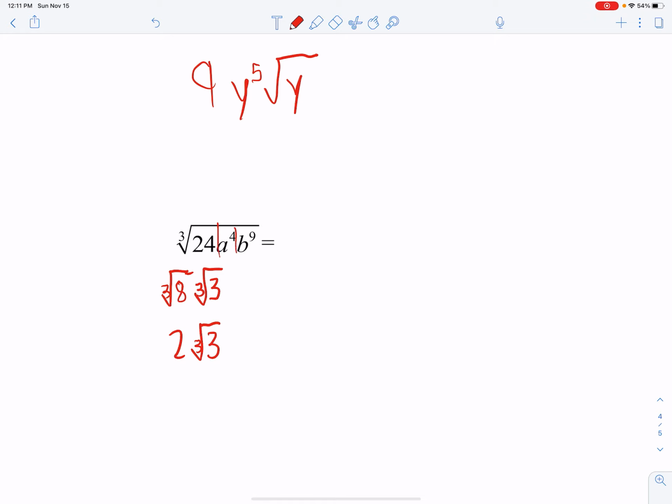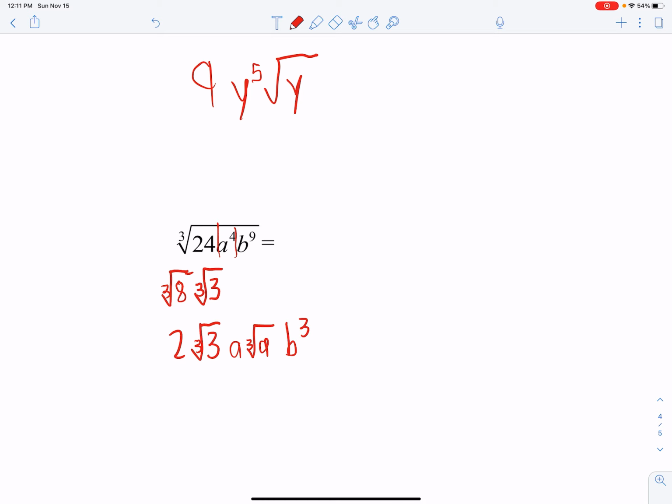Next, we look at the a to the 4th. 3 goes into 4 once with a remainder of 1, so we have a to the 1st times the cube root of a to the 1st. Next, we look at b to the 9th. 3 goes into 9 exactly 3 times with nothing left over, so we have b to the 3rd, like that.